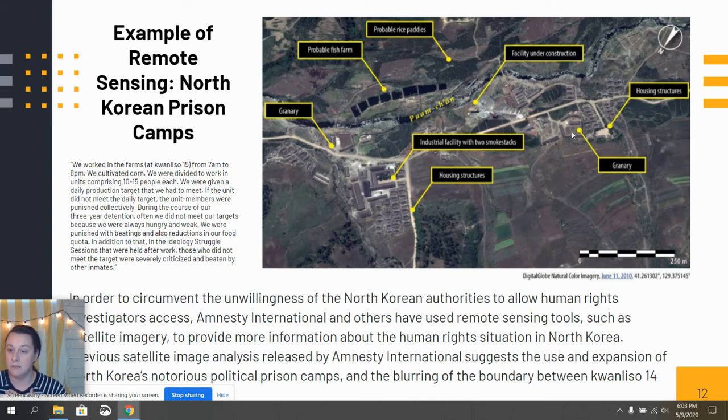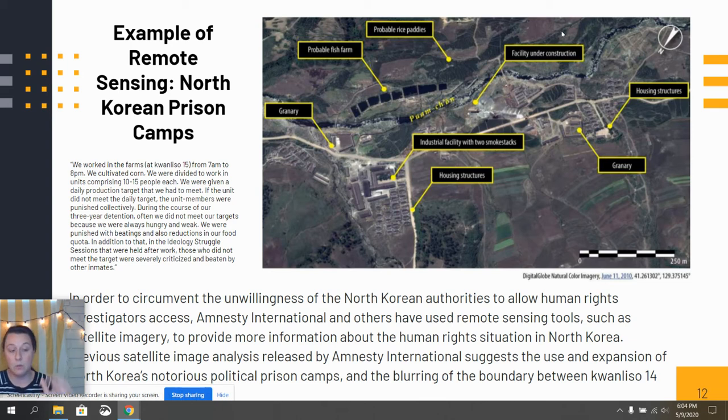This is the granary. This is a facility under construction, an industrial facility, more housing structures, right? There are rice paddies and fish farms, and he's saying that in the prison camp he was cultivating corn. So it looks like in this prison camp they're probably cultivating fish and rice, right? And that's the forced labor.